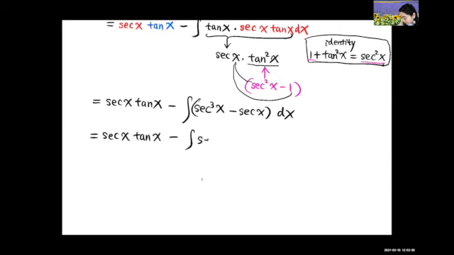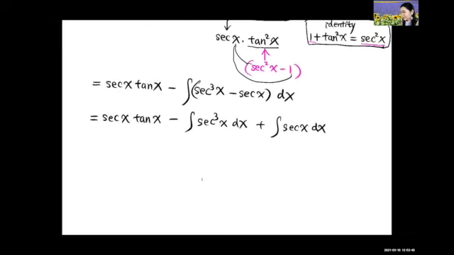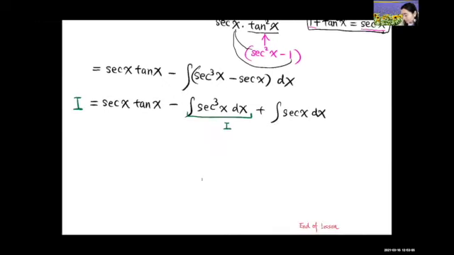People say it looks so much more complicated, but there's a point here. Do you recognize this one? Is this the integral that we're looking for? Let's call that I. The integral we're looking for is exactly this one, so I is equal to this minus I plus this integral.